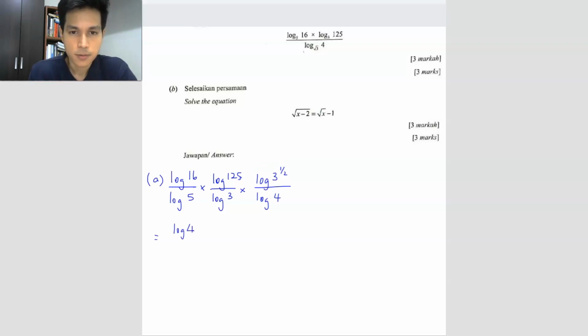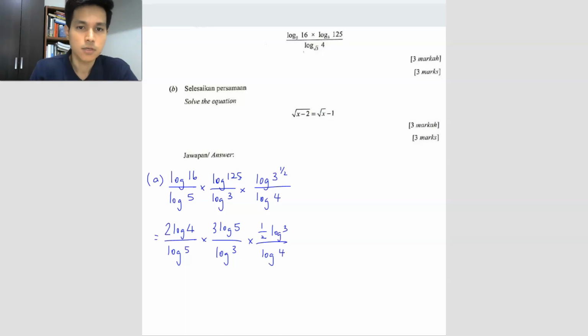So this is 4 square, so the square can go in front here: 2 log 4, times log 5 cube, so the cube is going to bring forward here, 3 log 5, times 1 over 2 log 3, over log 4. So what you notice from here is you can cut, you can simplify. So log 4 and log 4, log 3 and log 3, log 5 and log 5.